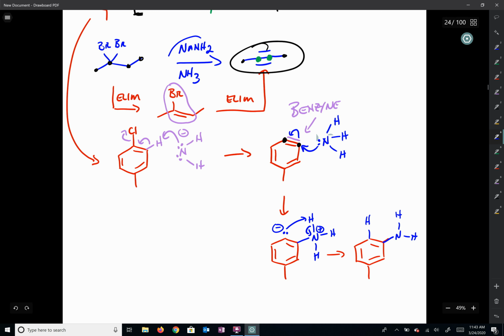So one last note, sodium amide and ammonia is probably one of the more common reagents to set up this reaction. You can use some other strong bases like sodium hydroxide, but you've got to heat it up. The sodium amide and ammonia you can run at lower temperatures. So there are some changes with some things that you can do in here.